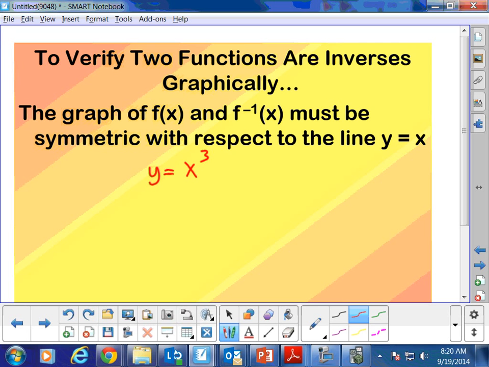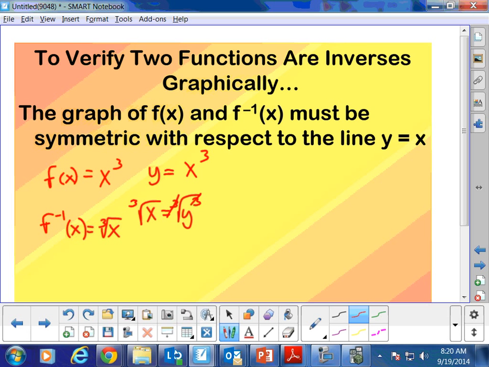So the inverse of this one should be pretty simple to find, because once we do the process of solving for y and getting the inverse of this, we'll find out that the inverse of this one is the cube root of x, and the f of x of the original one is actually x cubed, right?